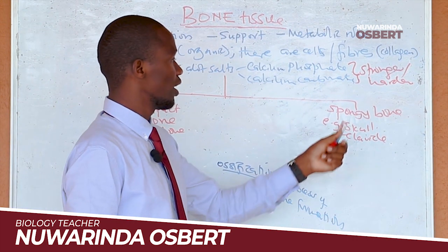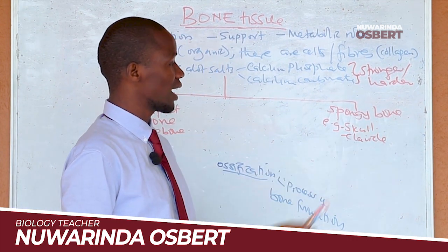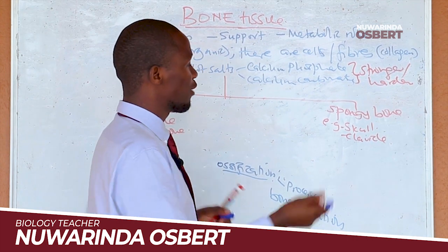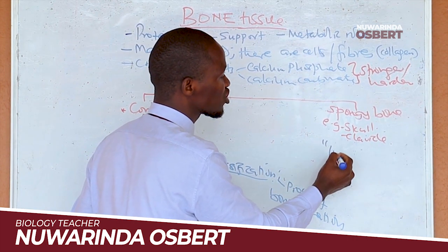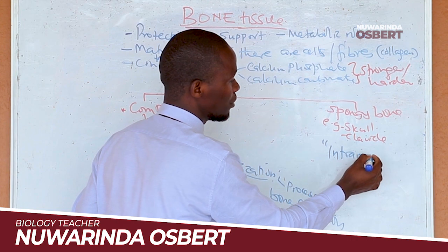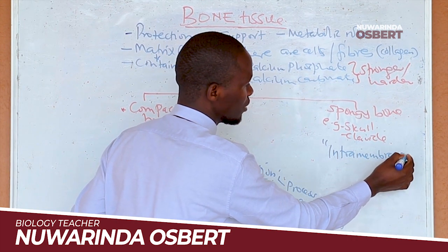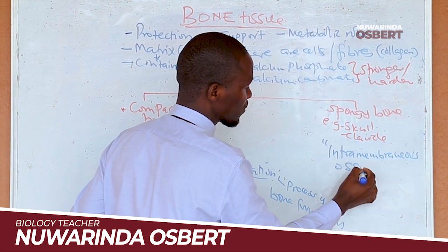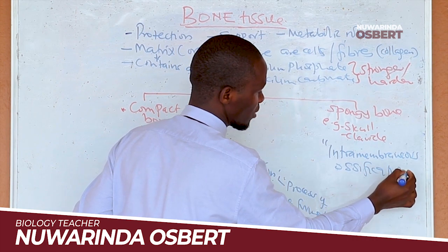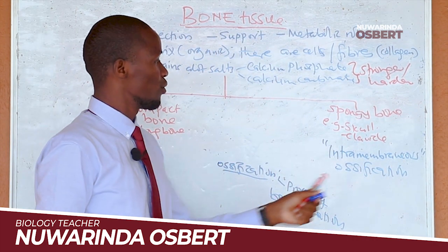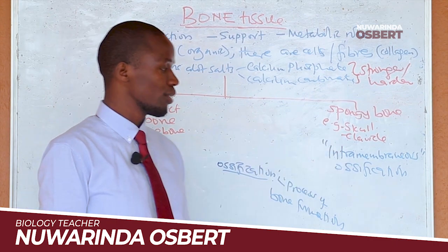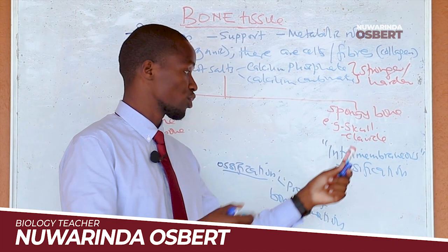For example, a spongy bone, like the skull, the clavicle and so on, is formed through a form which is known as intramembranous ossification. This is the form within which the spongy bone is formed, which we shall also look at.